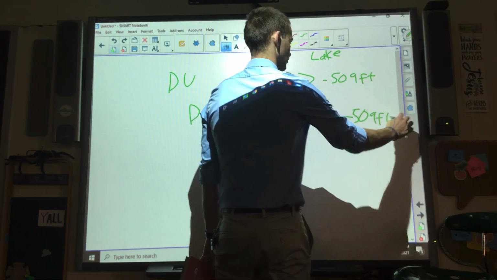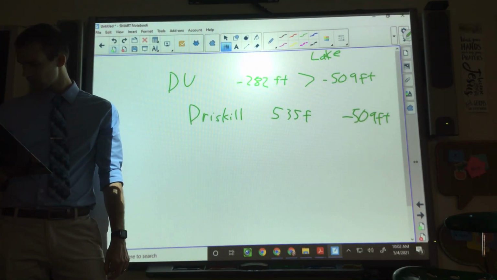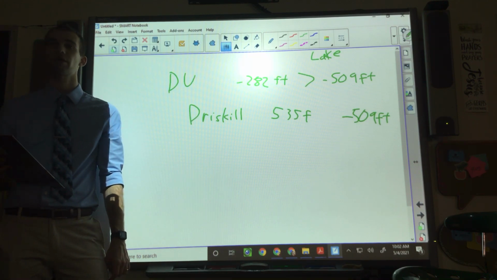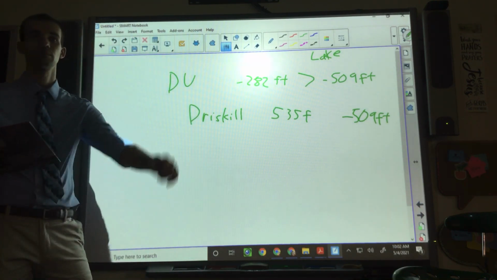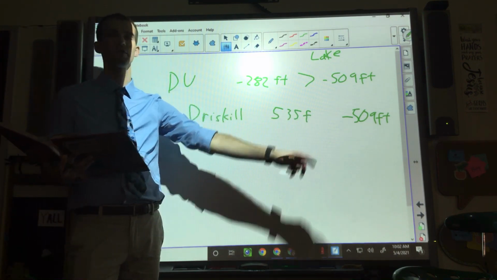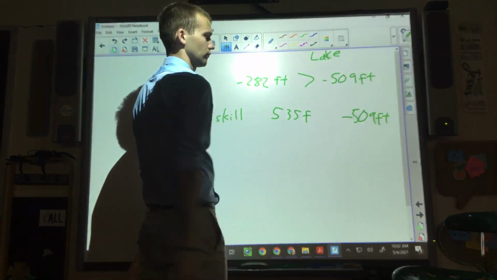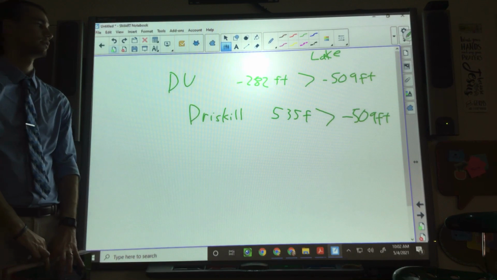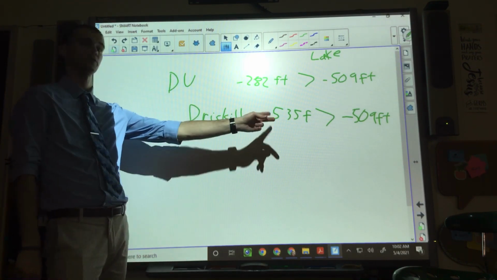Why does it say elevation and then it has parentheses below sea level? Alright, which one's greater, 535 or negative 519? Kira? Which one's greater? 535. Yep, because it is above sea level. These are easy. It would still be greater if you're just talking about which one's farther from zero. Yes?